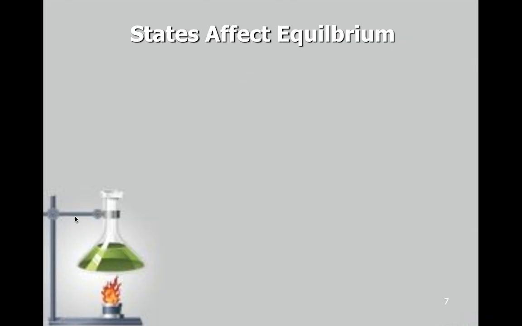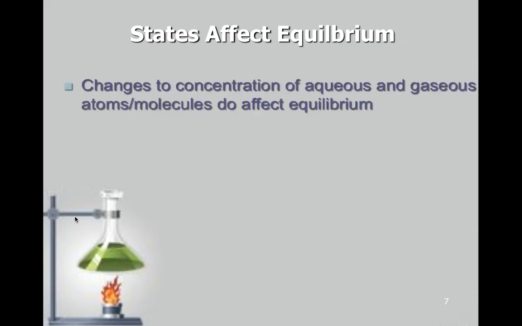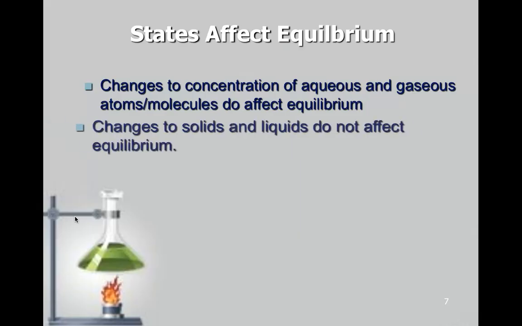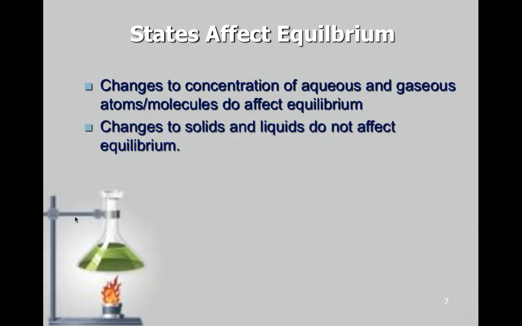It's really important that you know that there's only certain states of matter that affect equilibrium. Aqueous and gaseous atoms or molecules are going to affect equilibrium, but solids and pure liquids do not affect equilibrium. When you look at the chemical reaction, remember that the states of matter are going to be in little subscripts.